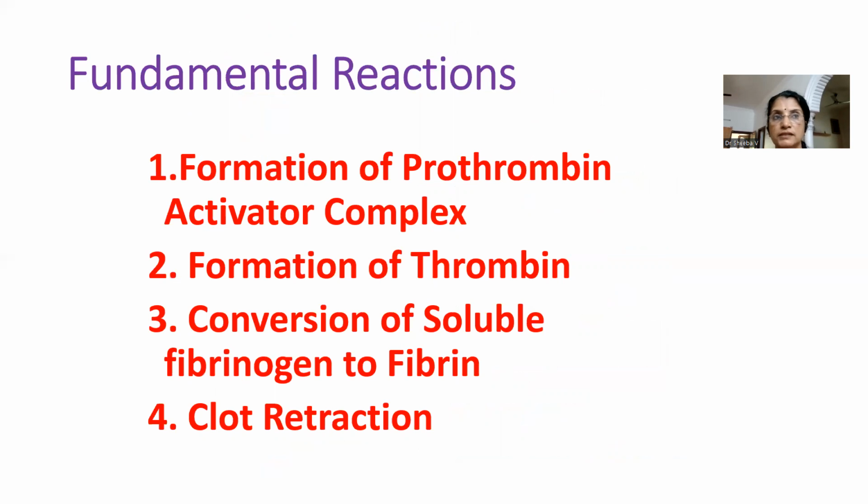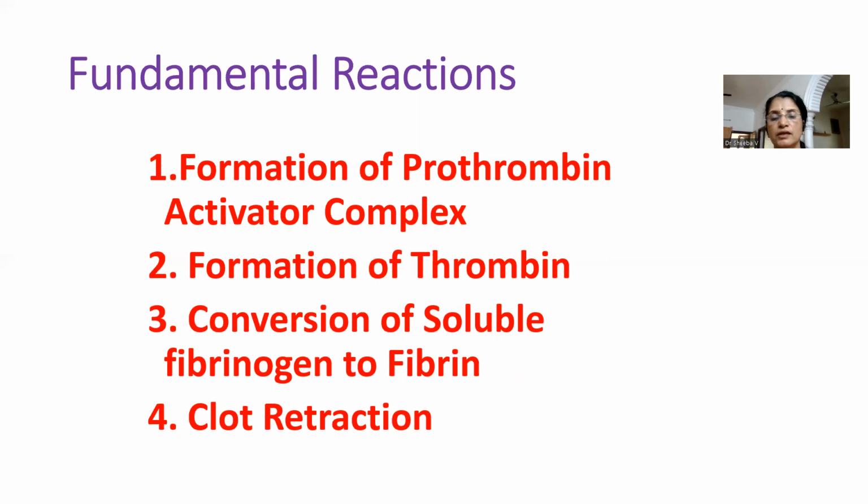The prothrombin exists in the inactive form. If it existed in the active form, there would be intravascular coagulation. Not only prothrombin, almost all the coagulants or clotting factors exist in the inactive form to prevent intravascular coagulation.